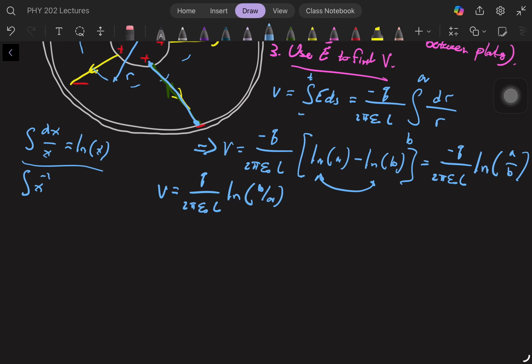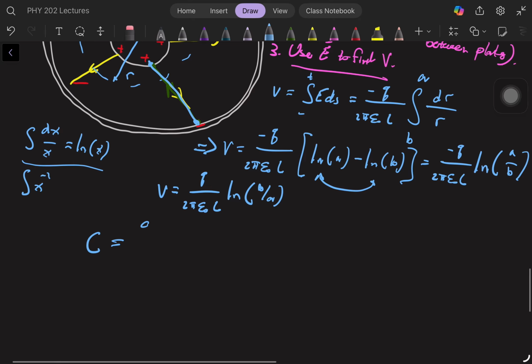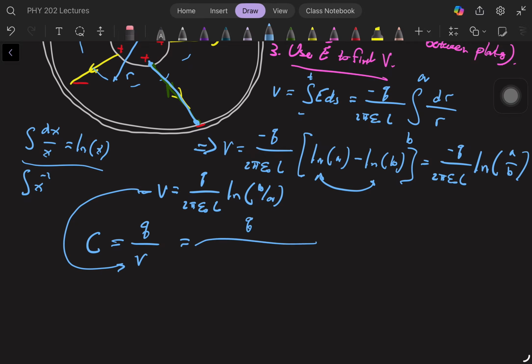And so if we go to C is equal to Q over V, with this whole expression being V, we get Q divided by V, which is Q over 2 pi epsilon naught L times the natural log of B over A. And so the Q's cancel. And we get C is equal to, well, we're going to bring this up here.